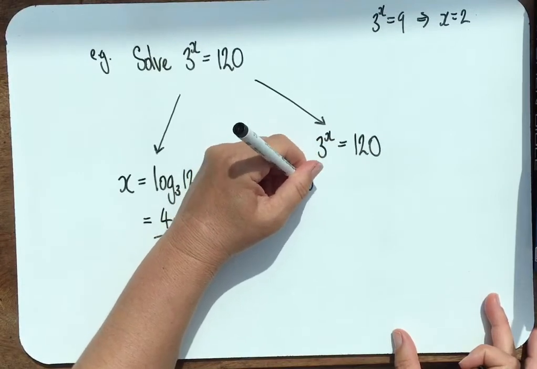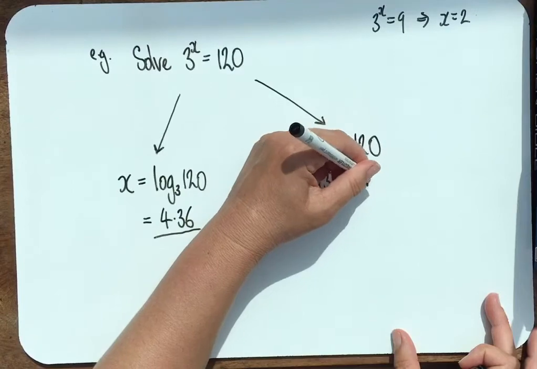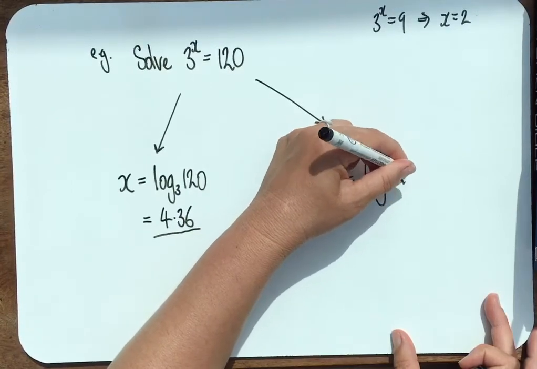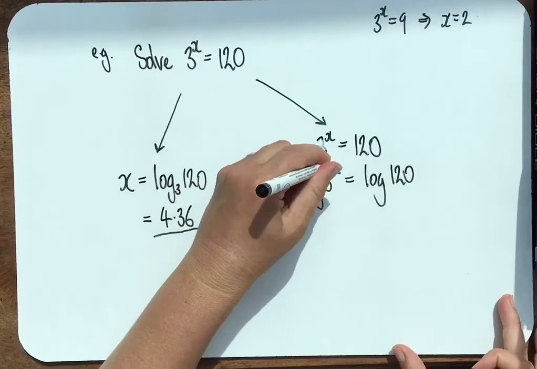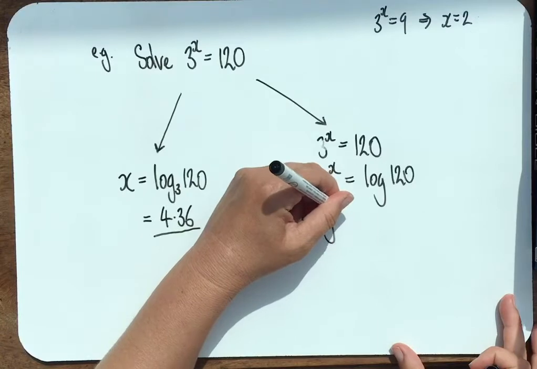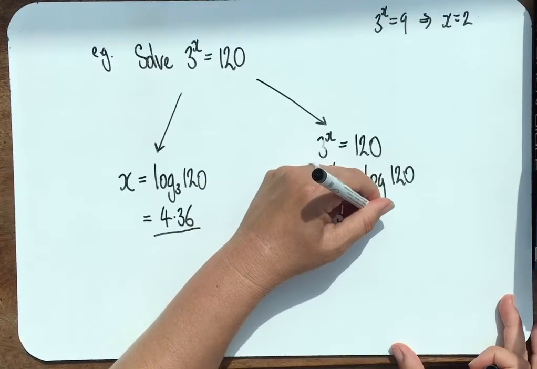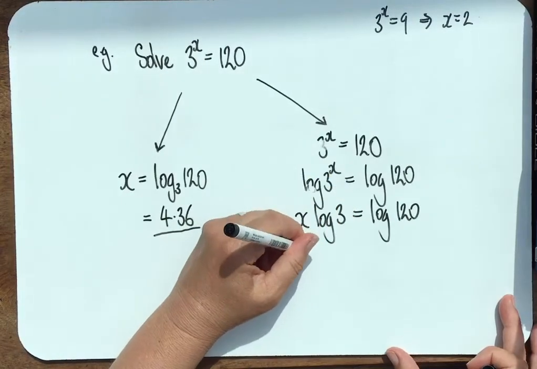So log of 3 to the power x equals log of 120. So I could do log of left hand side equals log of right hand side. Then I can pull down the power, and then I can divide.